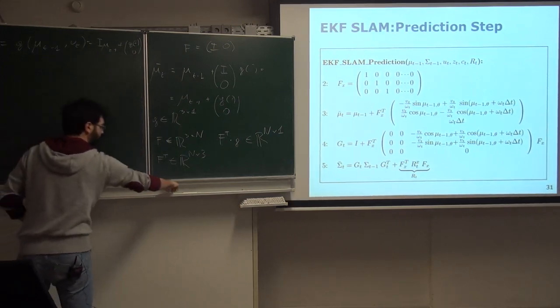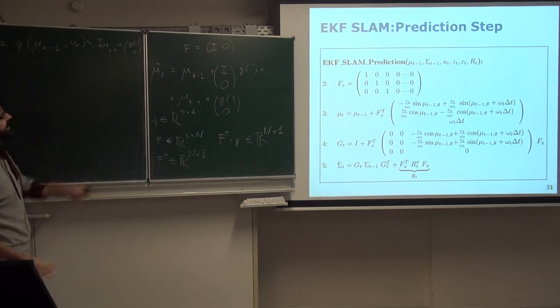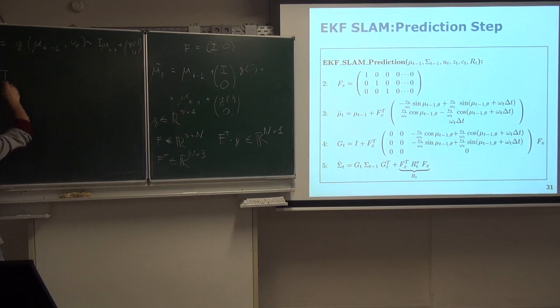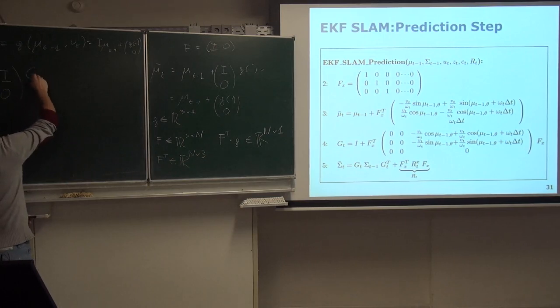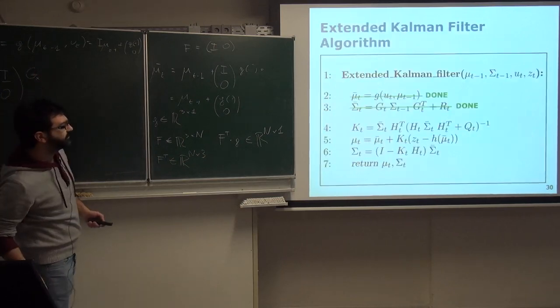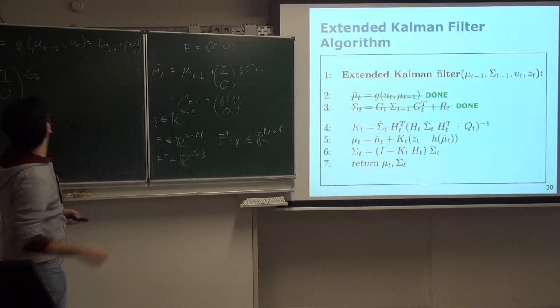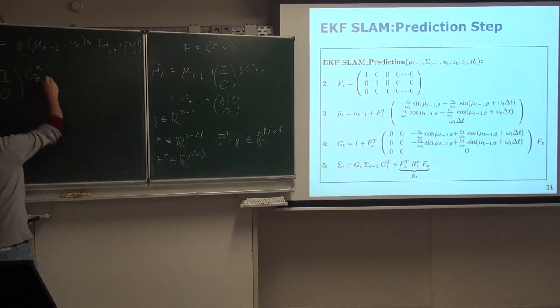So we have F, which is done like this as well. So we will have identity and 0. Then we multiply by our G of x, I think we call it before, GT of x. And then we multiply by F again.